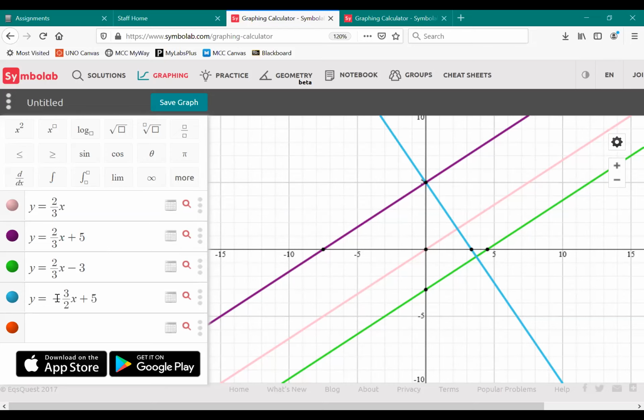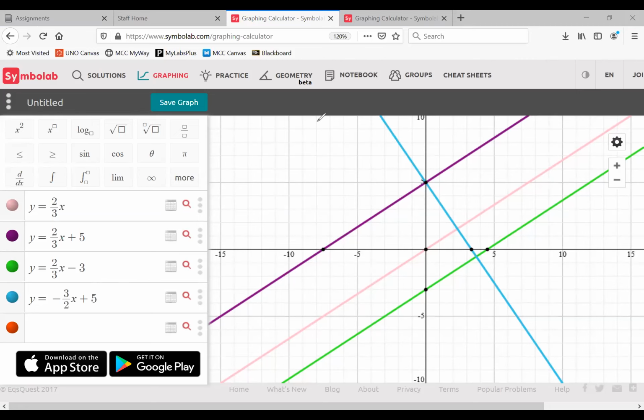Okay, now this 4th line, which is in blue, this one is y equals -3 over 2x plus 5. So the y-intercepts, I just kind of changed those up, that's a little bit less important here. What I want you to really focus on is the slope. Okay, so this is an example of opposite reciprocal slopes. So the first three lines have slopes of 2/3. Those are all parallel.